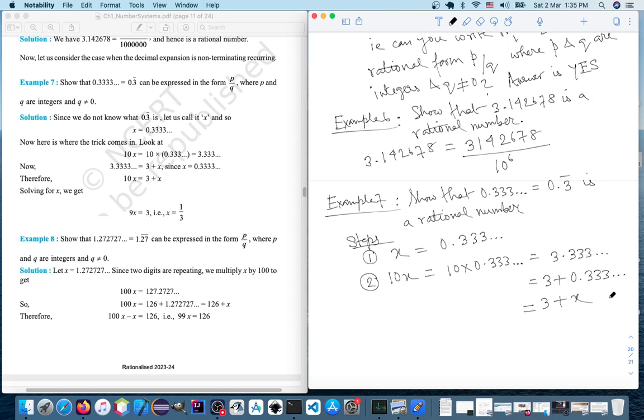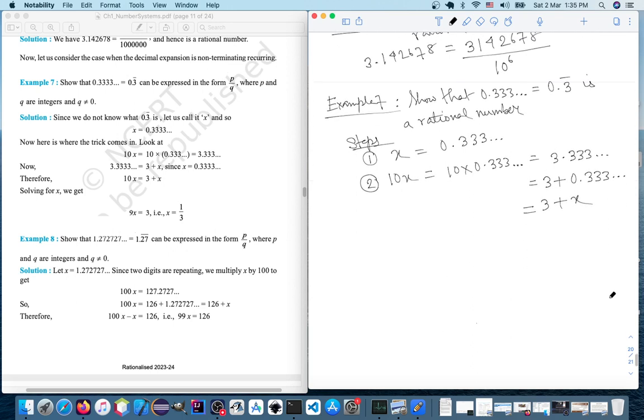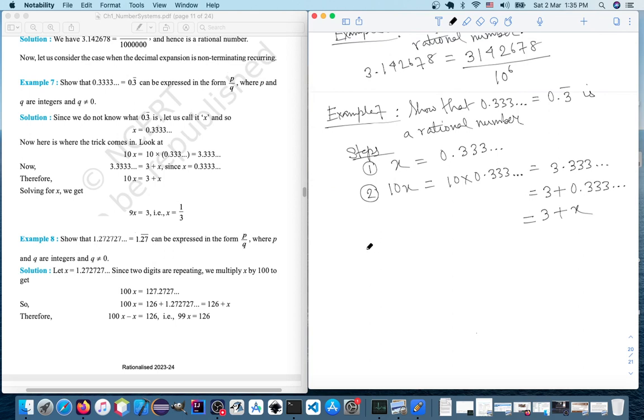So we got the equation 10x equals 3 plus x. From here we can say that 9x equals 3, or x equals 3 by 9, which is 1 by 3. So we got a rational form, 1 by 3.